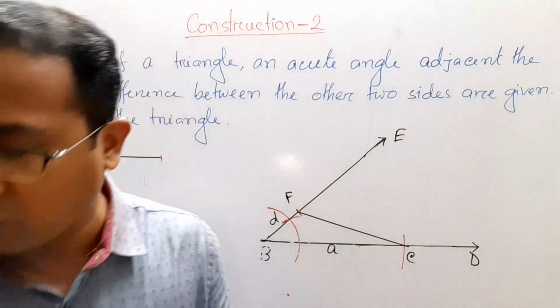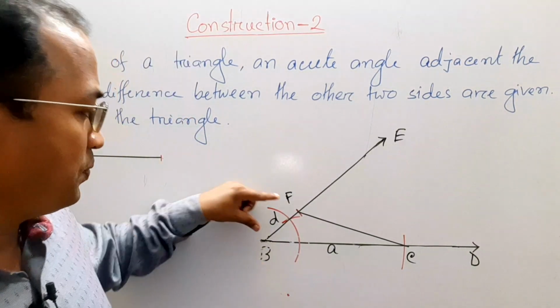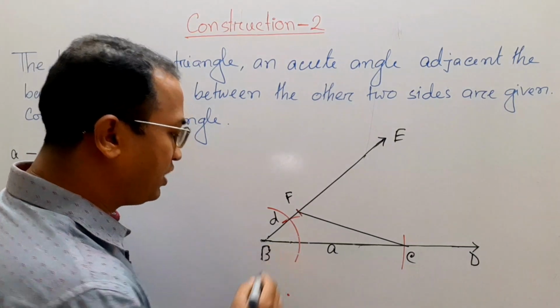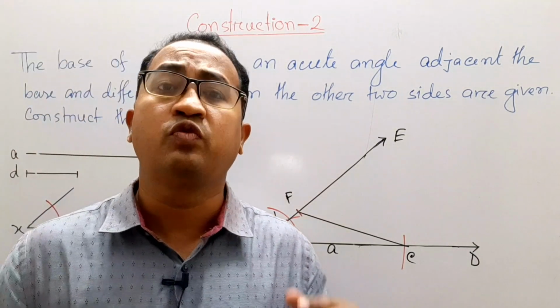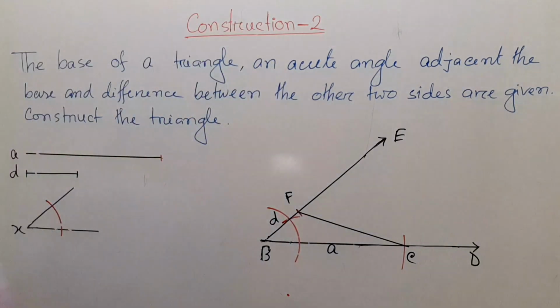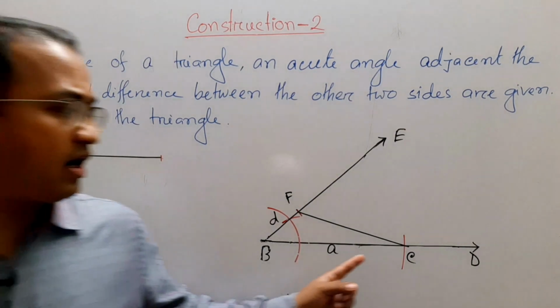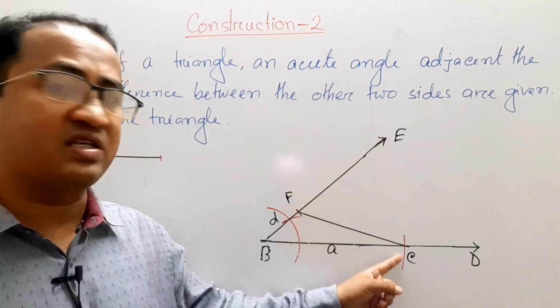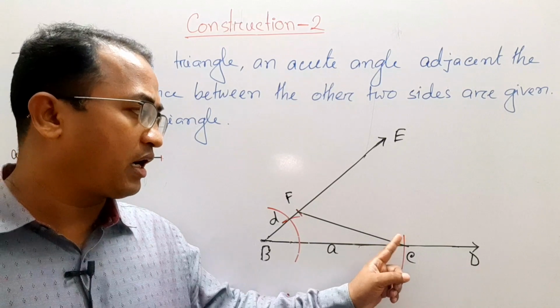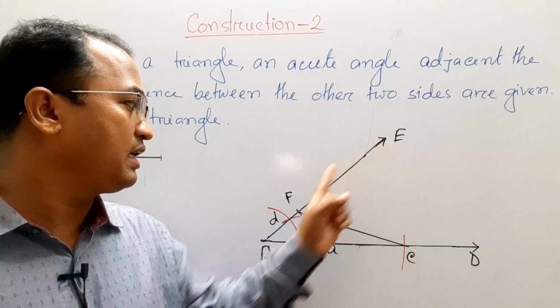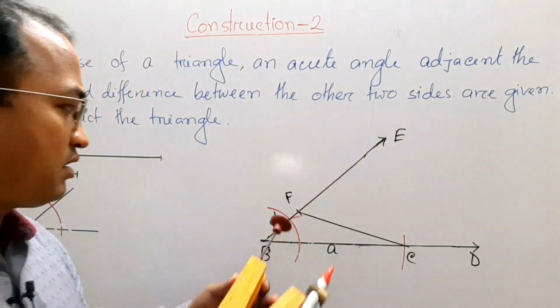No, this is not our required triangle, because BF is the difference of two sides. So now we will determine BF is the difference of which two sides. To determine those two sides, you should draw an angle FCA equal to angle EFC at the point C. So, let us start.